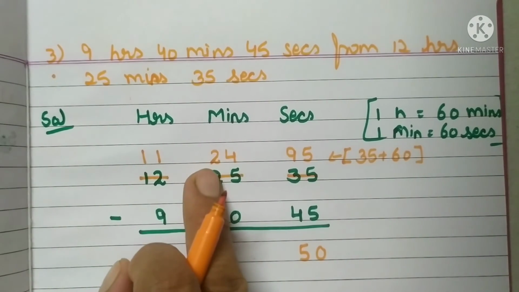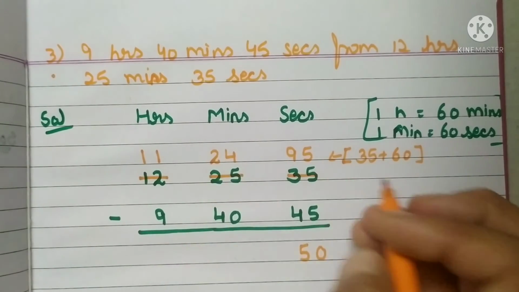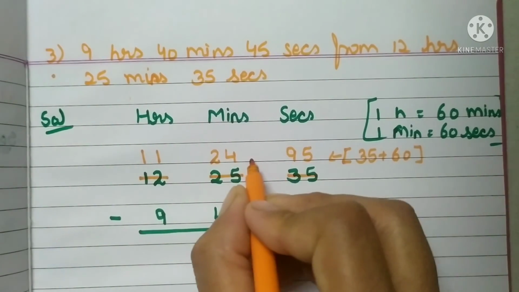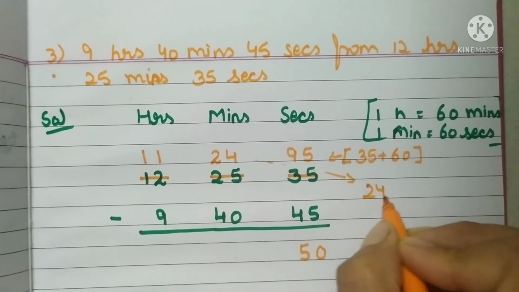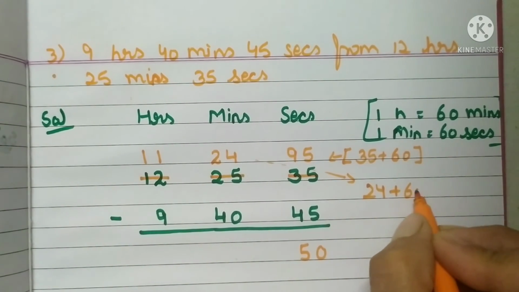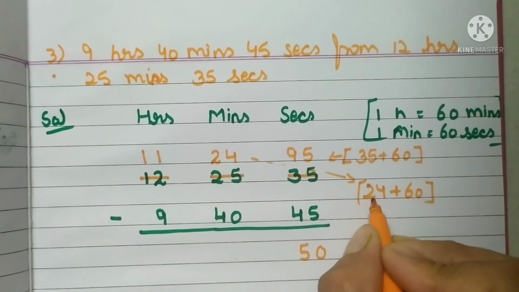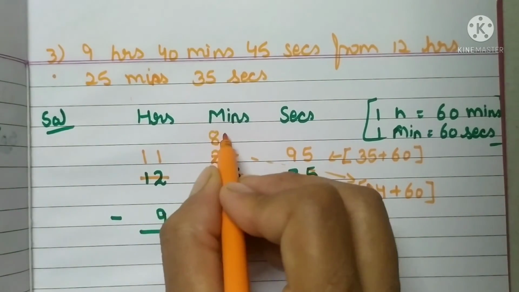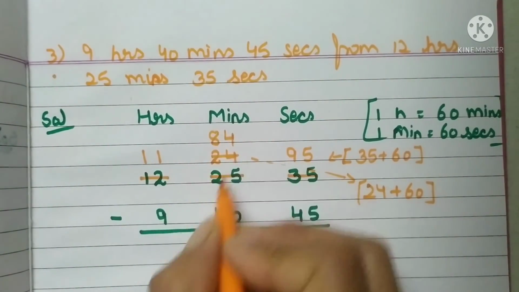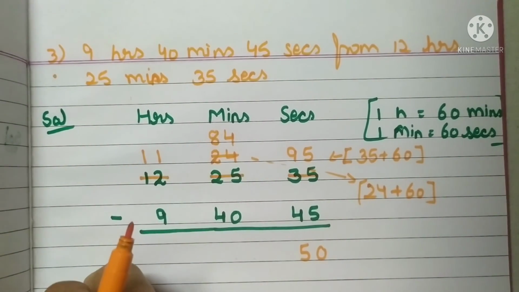And when we are adding 1 hour in minutes, it will be 24 plus how many minutes? 60 minutes. So how much will we get here? 24 plus 60, that is 84 minutes. So now we are subtracting 40 from 84 minutes.